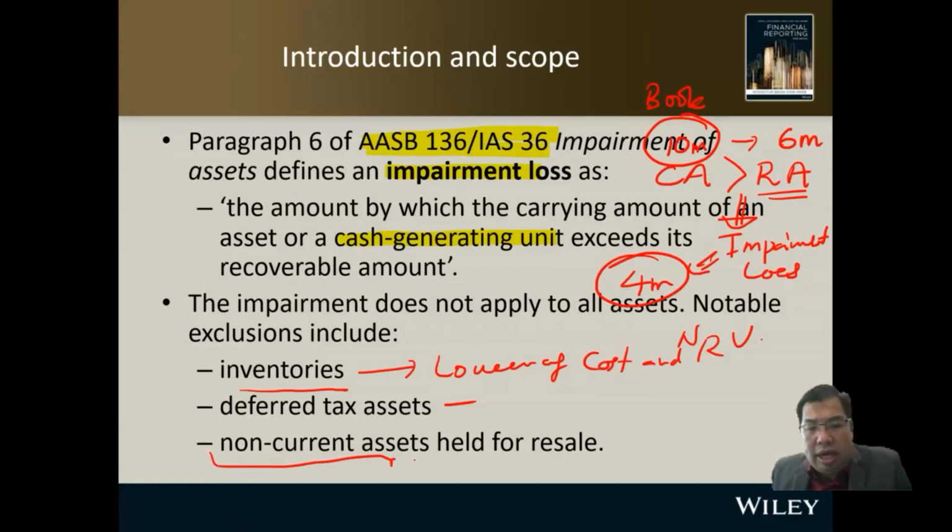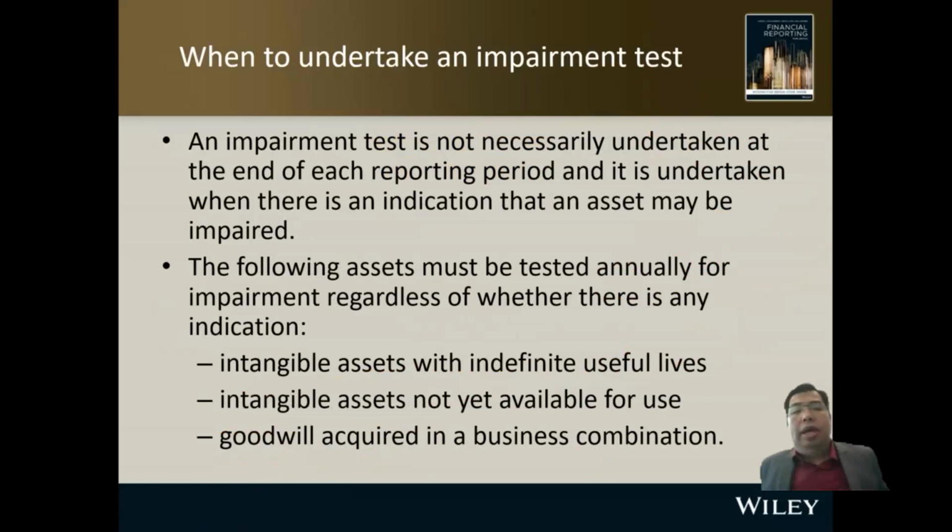These are non-current assets, for example vehicles, maybe buildings, but you're going to dispose of these assets in the near future, so this does not fall under impairment loss. Okay, so an impairment test is not necessarily undertaken at the end of each reporting period.